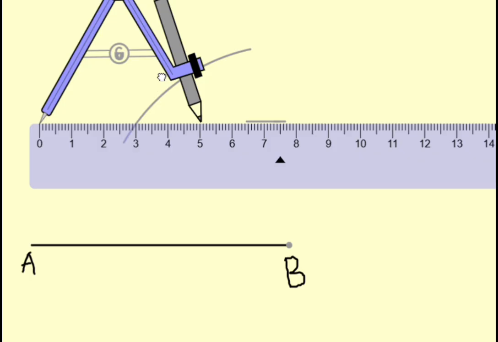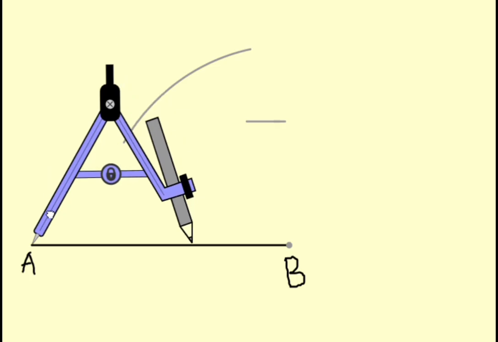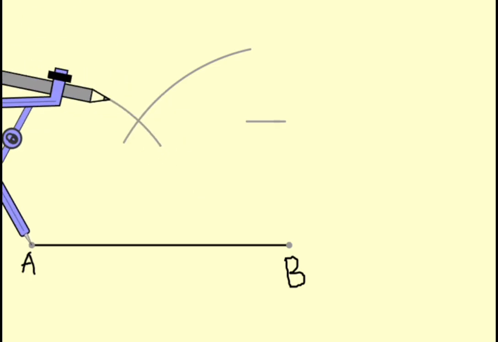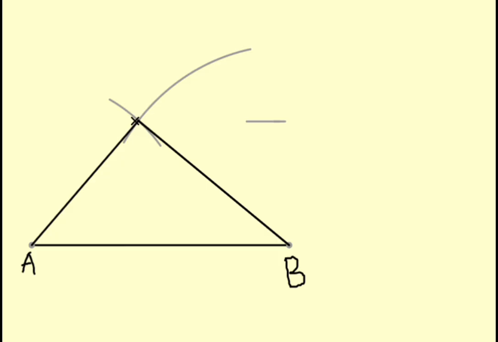Then I take it to A. Then I make another arc. After making that, I'm going to join the points using a straight line with a ruler, from A to the point of intersection of the arcs, and then from B. Then I call it C. So that is where we have our C.